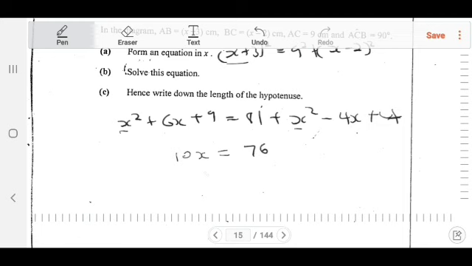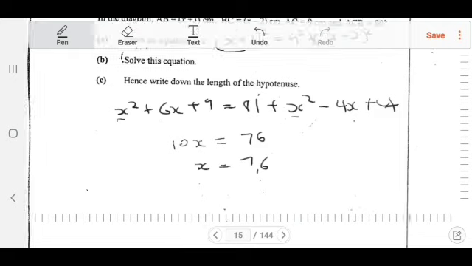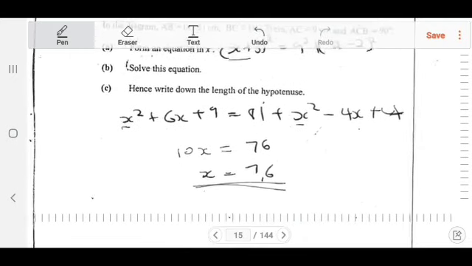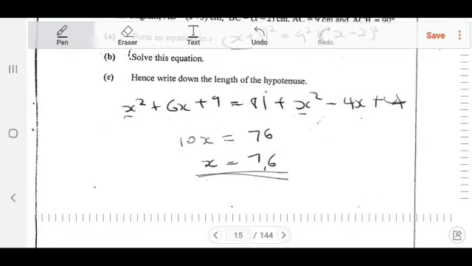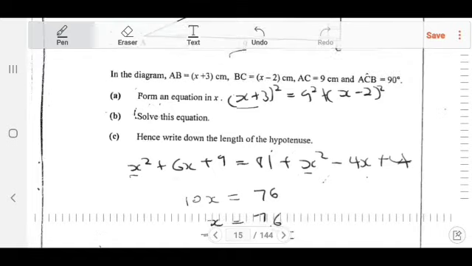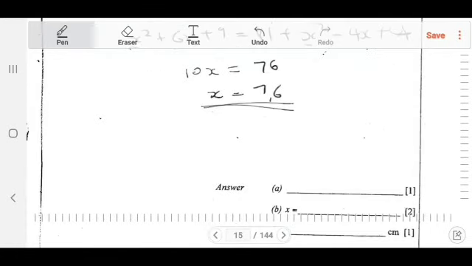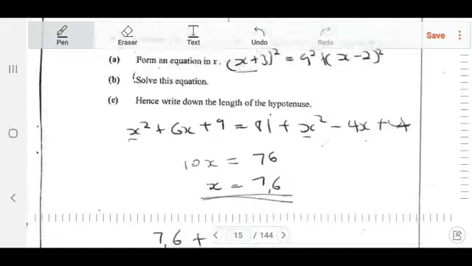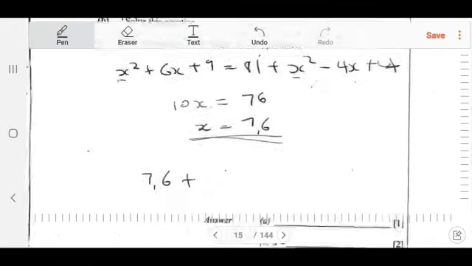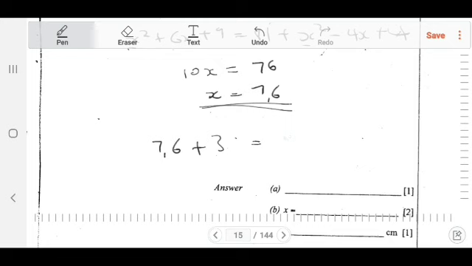So dividing everything by 10, we get x equals 7.6. This is the value for x. Then C, hence write down the length of the hypotenuse. So we simply substitute for x there. Then we get 7.6 plus 3, which is 10.6. This is the length of our hypotenuse.